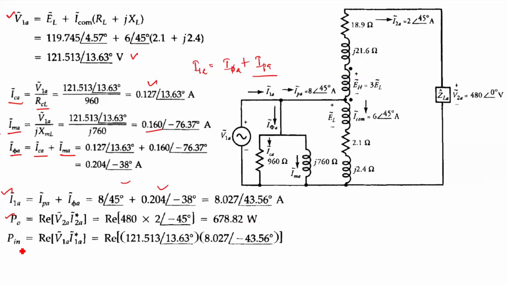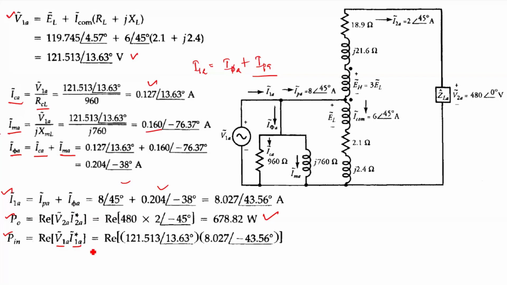So now I can find PO and PN. PO, I already told you how to find, the values are already given. It is coming around 678.82 watt, and PN we proceed in a similar way. V1A is known, I1A is known from the calculation.